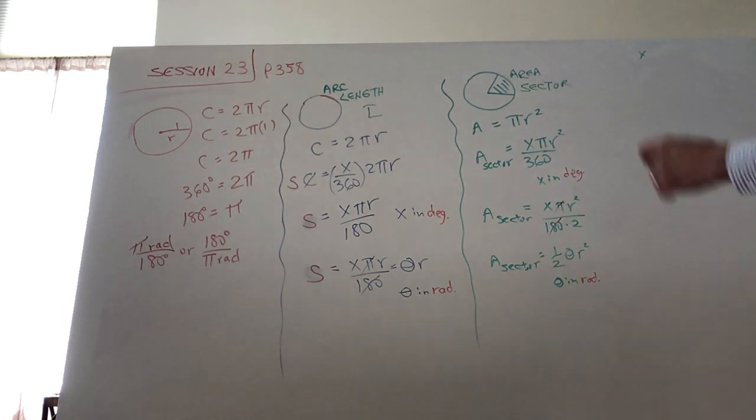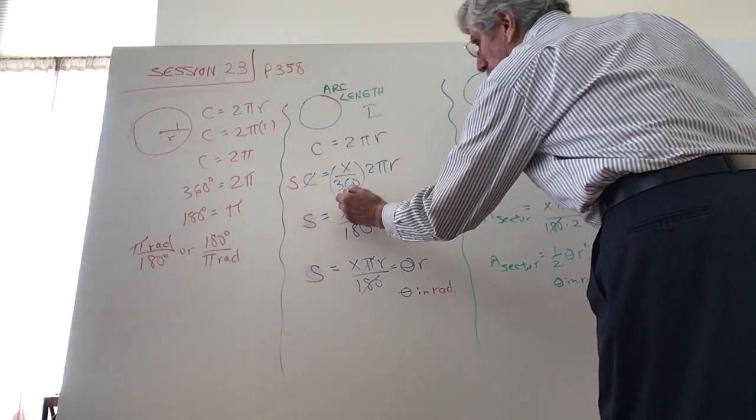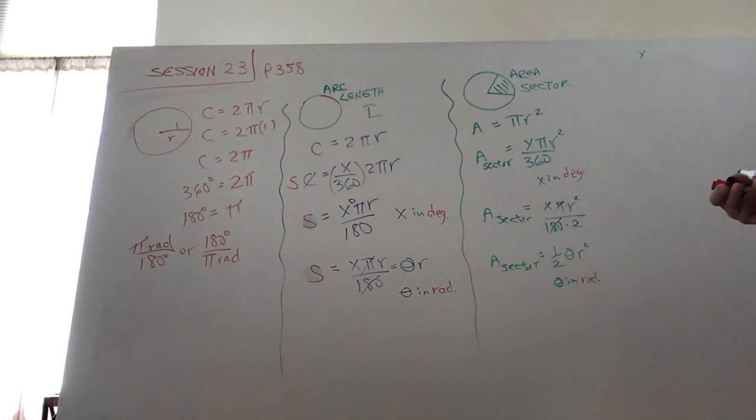So this gives us the section of that circumference called the arc length, either here in terms of degrees, with a little degree symbol right there, or here s equals r theta, or theta r, in terms of radians.